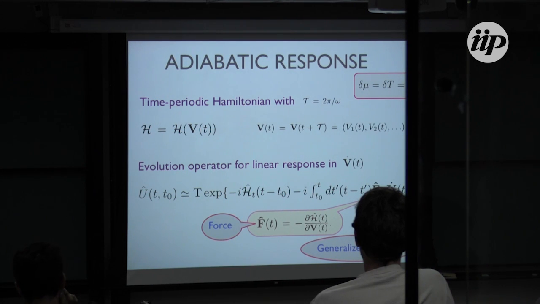The idea now is how to formulate a treatment for the effect of the AC driving in linear response. Now, linear response in what? We don't want linear response in the amplitude of the driving, but we want to make use of the fact that we focus on the adiabatic regime, so the small quantity is the variation in time of this time-dependent amplitude of the driving.